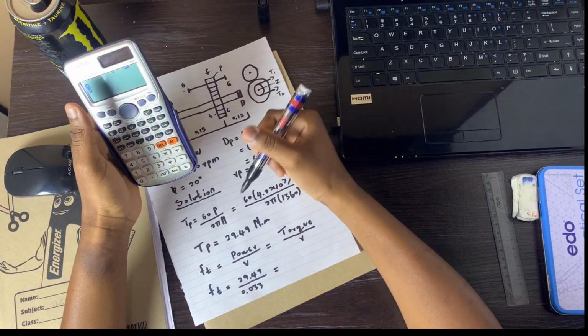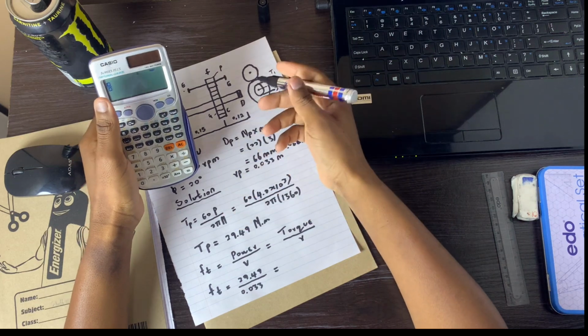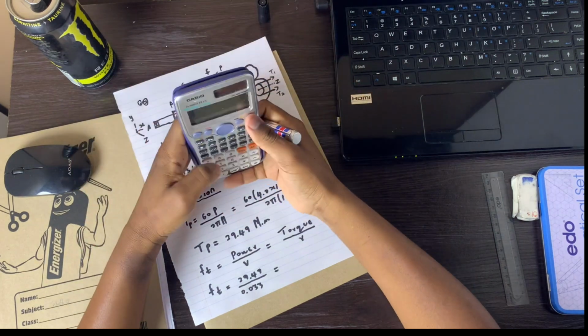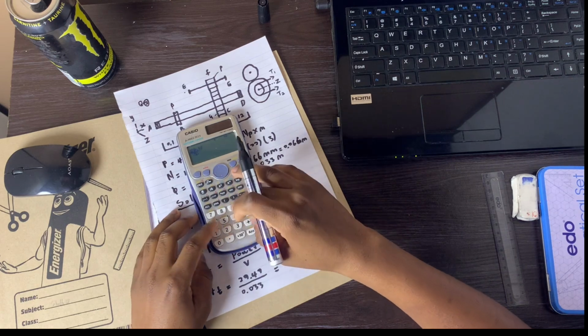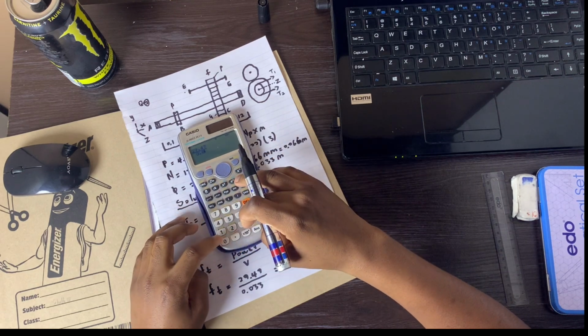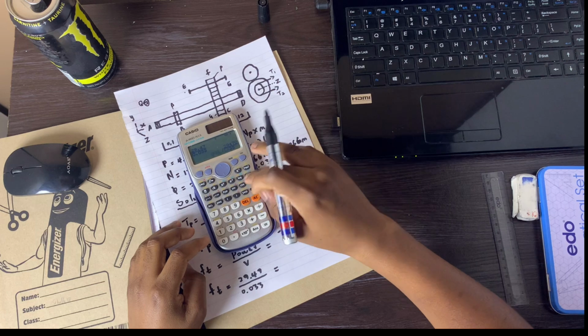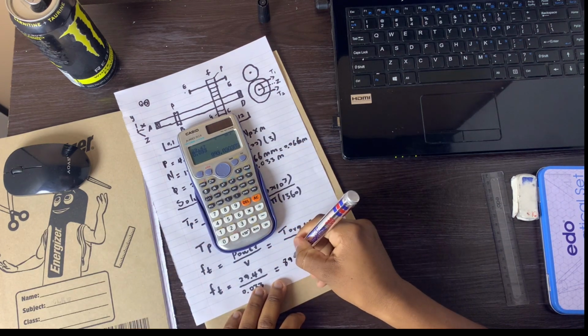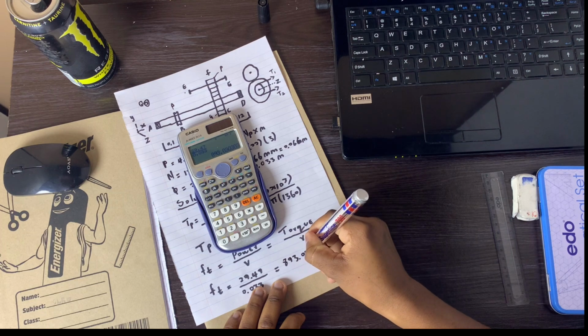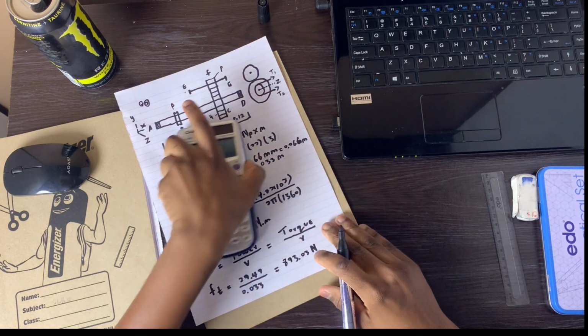So if you find one, you also have the other. So this is 29.49 over 0.033, which means our tangential load is 893.03 Newton.